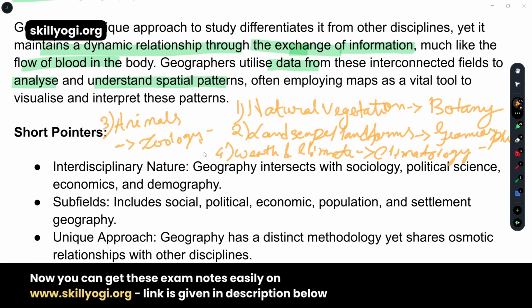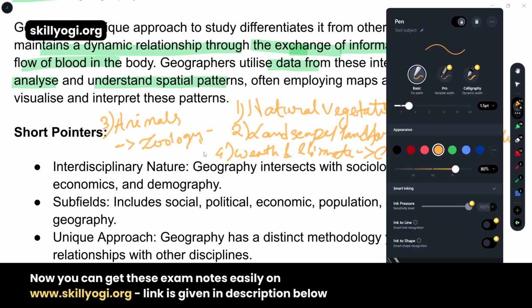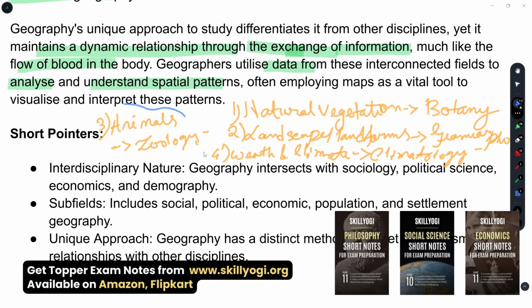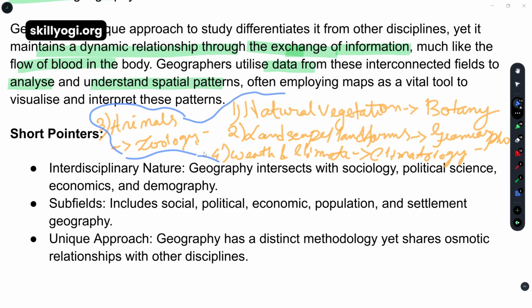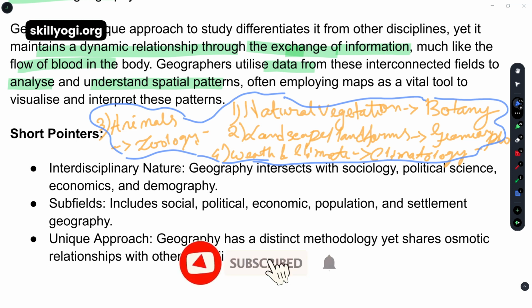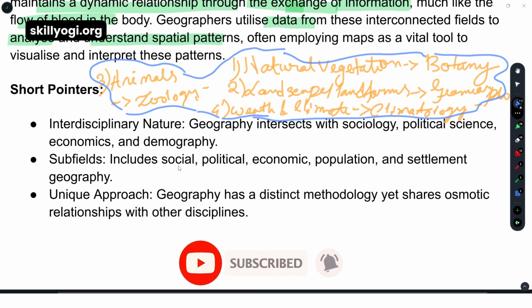Okay, so all the parts are completely related to each other. These all are the branches of science. You know that. Till now we have learned this part. So this is a part of the science and the social sciences, right? So which short pointers have we learned from this?